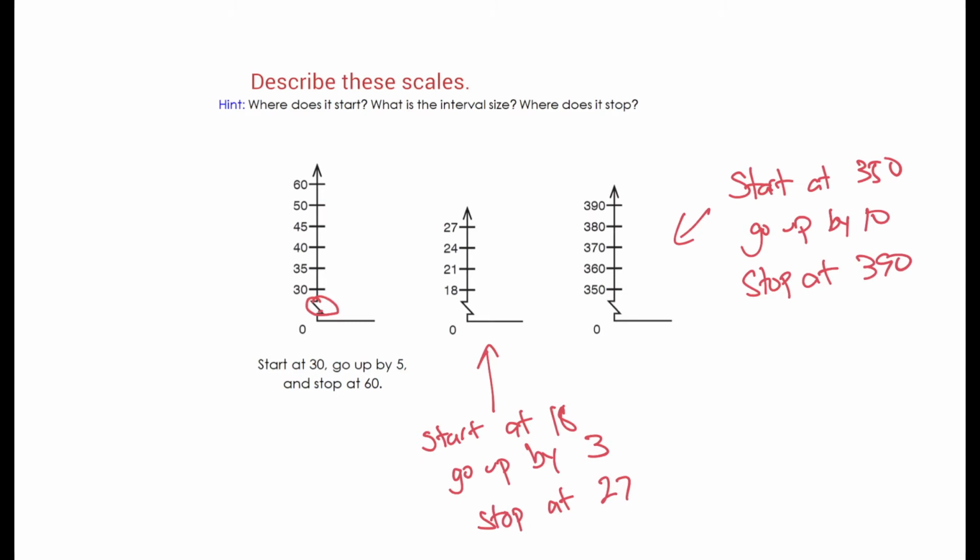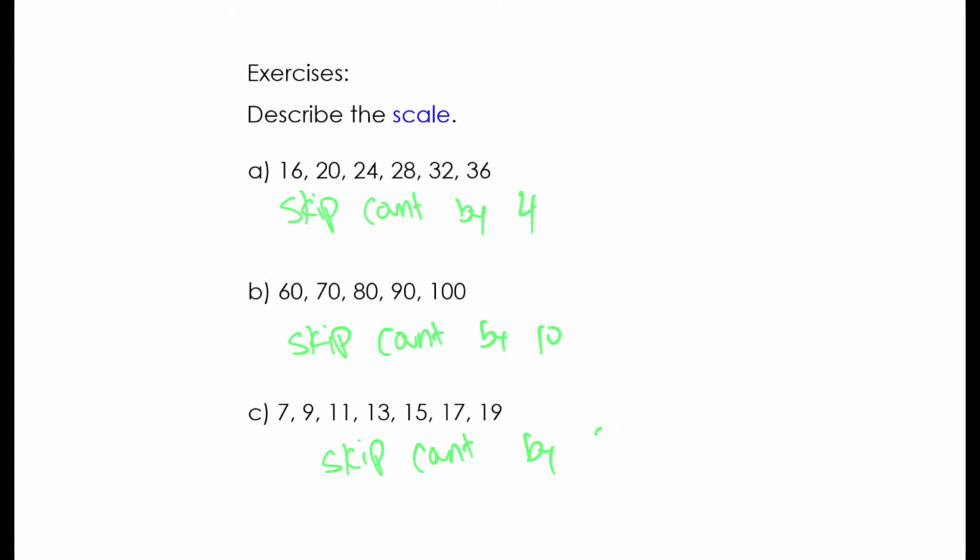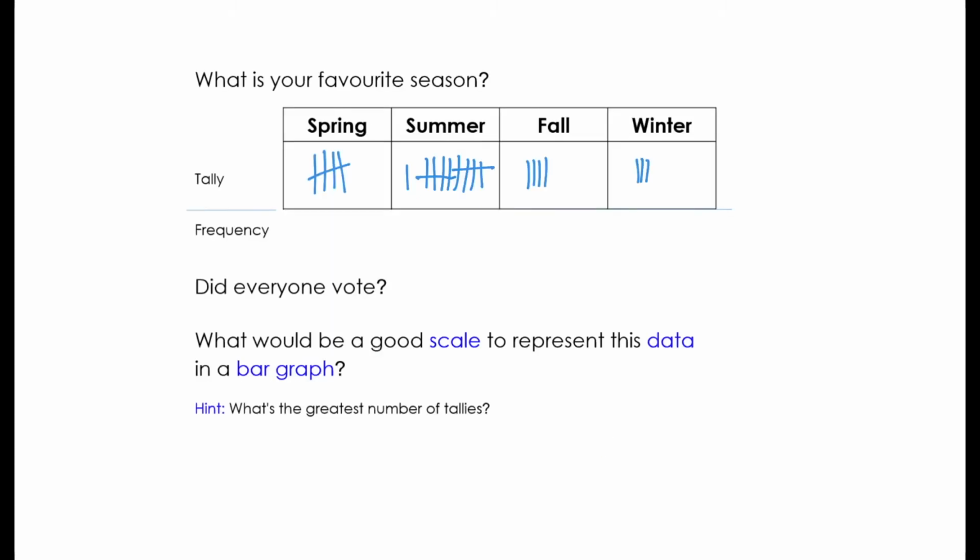Now, just to give you a little note, this here where you stop is not necessary. I have never asked a student to do this. Let's describe some scales here. So this one here, the scale would be skip count by 4, skip count by 10, skip count by 2. So the numbers aren't always even, they could be odd as well.